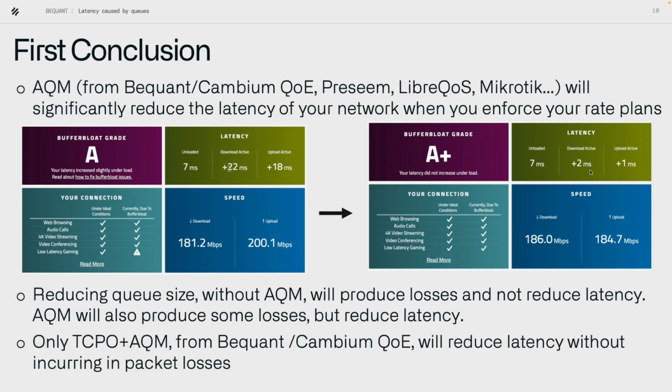Only TCP optimization plus AQM, as the Bequant or Cambium QoE product will deliver, will be effective in reducing latency without incurring packet losses. And that's because with TCP optimization, we can use the TCP window to control the rate at which the server is sending the traffic, instead of having to drop packets to signal to that server not to send faster.